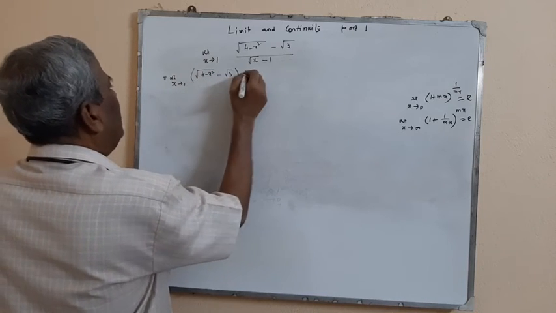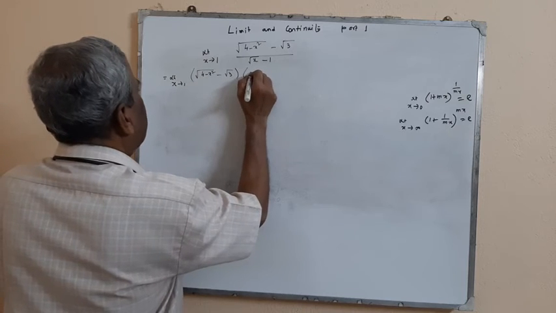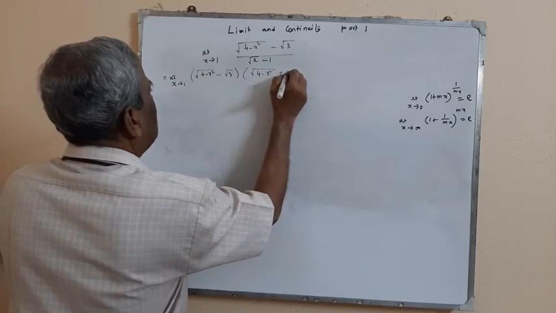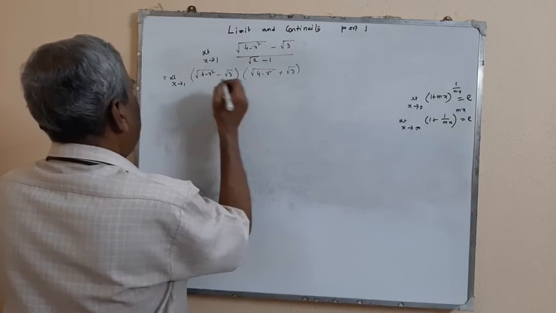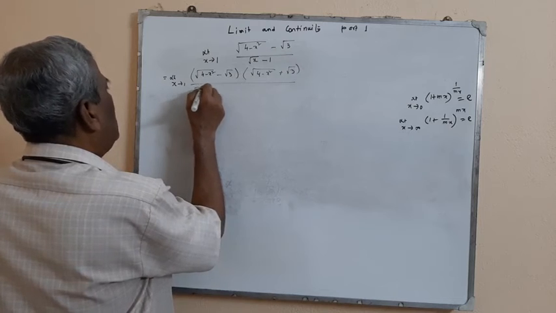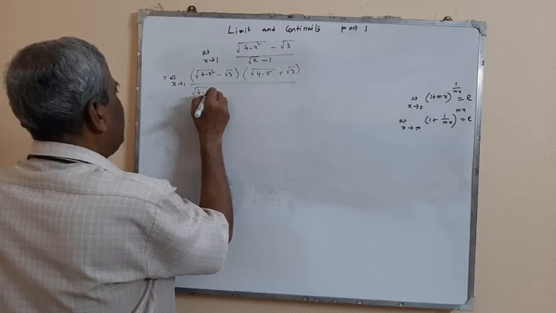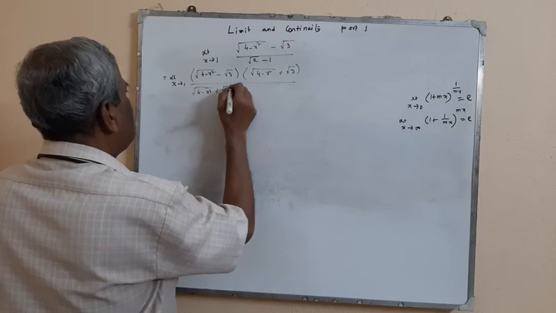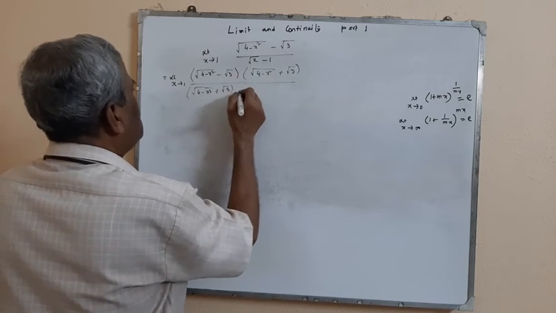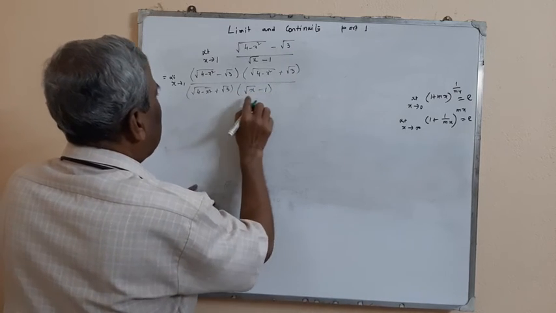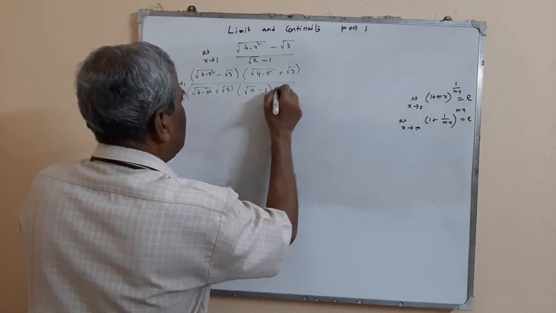Now multiply by its conjugate, 4 minus x square plus root 3, divided by this one first, root over of 4 minus x square plus root 3. So this balances. It is root over of x minus 1 multiplied by its conjugate.